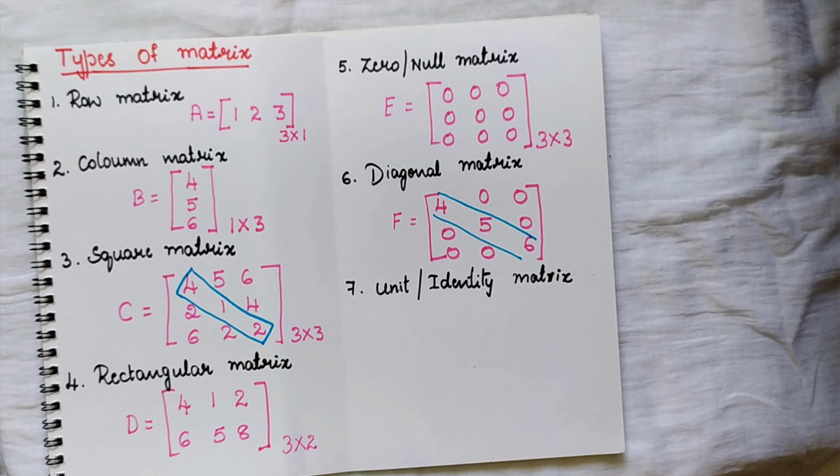And let us go to the next matrix. It is unity matrix or identity matrix. As the words say unity or identity, it is with respect to 1. Here, in the unity matrix or identity matrix, the principal diagonal elements will be 1 and all other elements will be 0. Since the principal diagonal elements are 1, this matrix is also called a diagonal matrix.